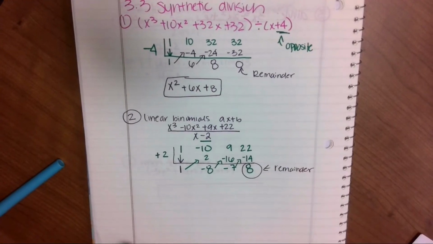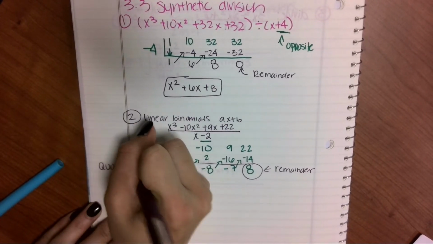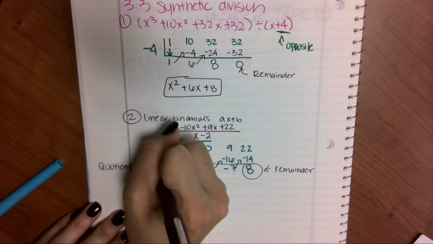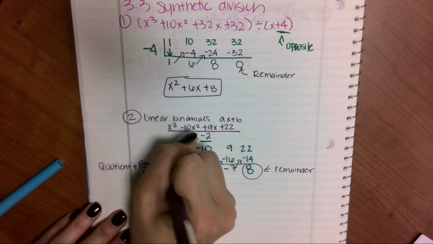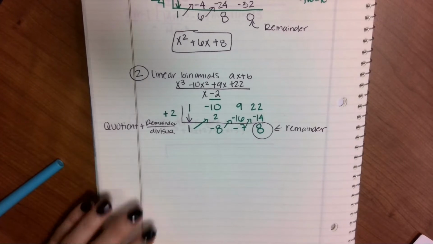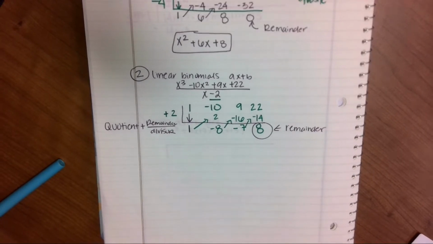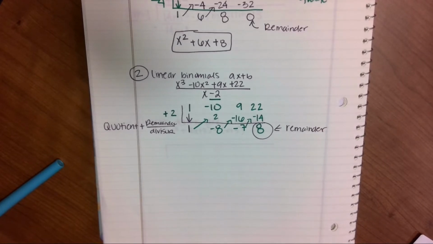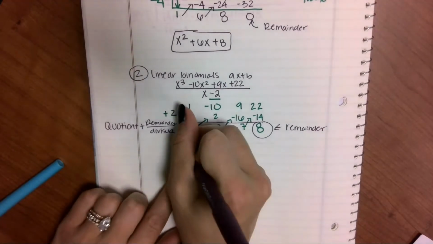It's going to work just how it worked yesterday with a quotient plus remainder over the divisor. How many exponents are going to go in my first term? If I started with 3, it's going to be 1 less than that, so it's going to be x squared.